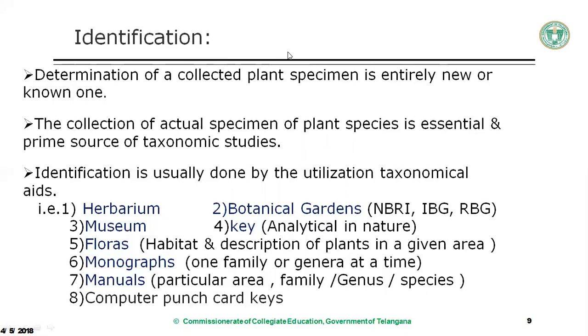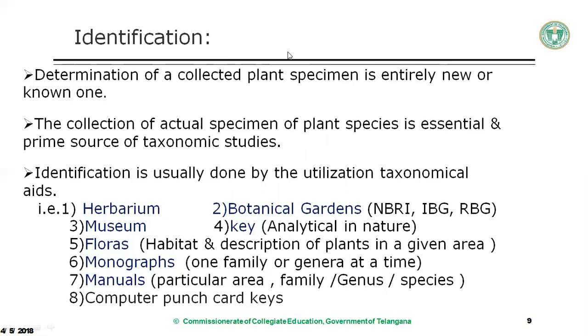These herbarium sheets carry all the information about the respective specimens. So, by observing the herbarium sheets, you can compare the newly collected plant specimen with the herbarium resource. Then we can identify whether the plant is a known one or an unknown one.